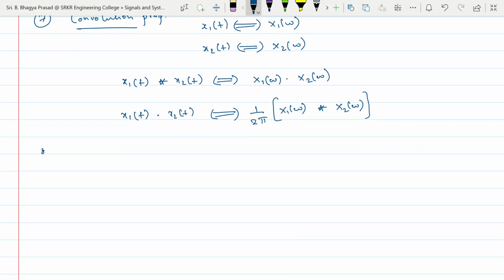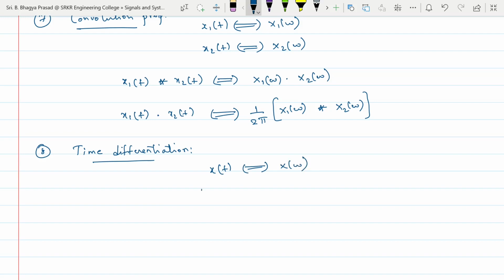Next, time differentiation. x of t has Fourier transform x of omega.